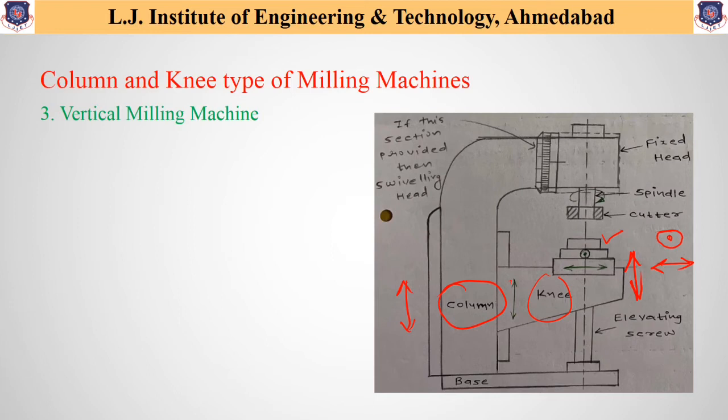It may be on a horizontal axis or it may be on a vertical axis. So this is the basic difference between horizontal and vertical milling machine, and we have also discussed the different parts available in the vertical milling machine.